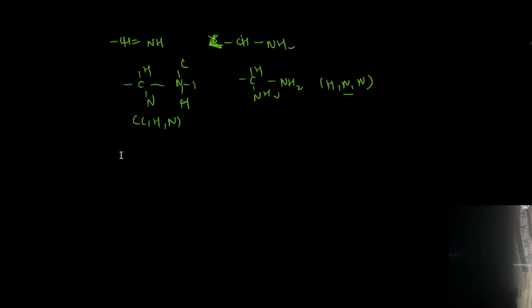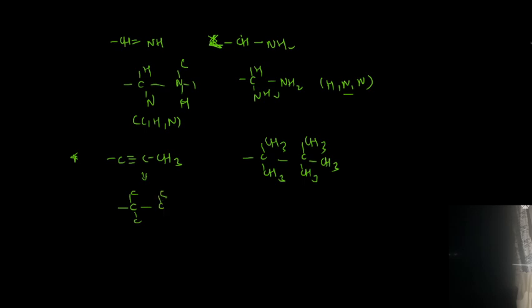Now very important things regarding this point. We have C triple bond C, CH3, and we have CH3, then CH3, then CH3. So when we convert into imaginary bond, we have seen how we convert into imaginary bond. Like we have that carbon directly attached with the carbon.